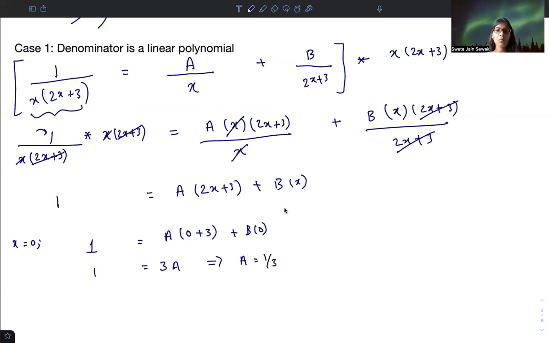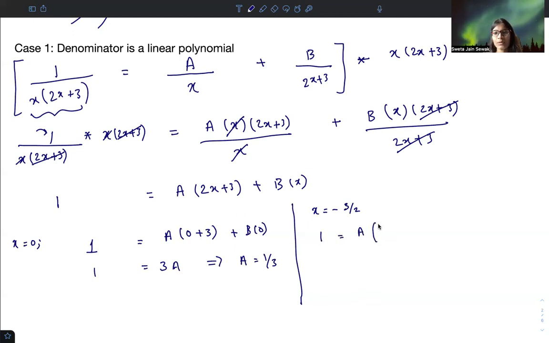In the same way, now I want to get rid of A. So let me substitute x as negative 3 over 2. If x is equal to negative 3 over 2, my left-hand side is a constant, nothing changes. But what happens on the right-hand side?